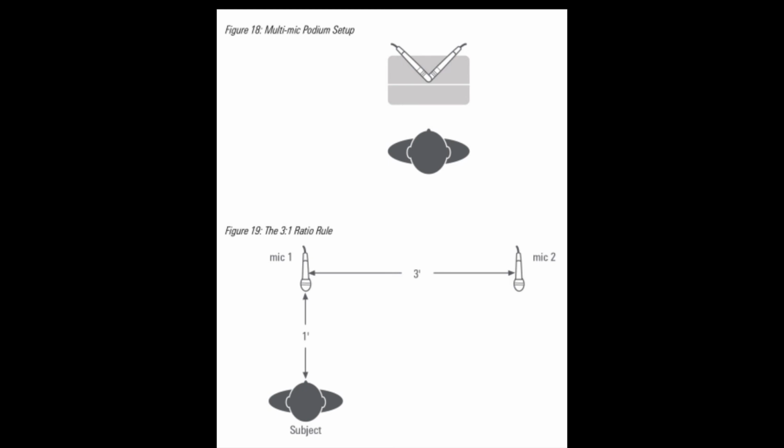So the distance of one mic to the instrument, and whatever that distance is. For example, an acoustic guitar, if the microphone is 6 inches away from the acoustic, then the distance between the two mics must be about 18 inches apart in order to have some sort of a semblance of phase coherency. In addition to that as well, using DI.